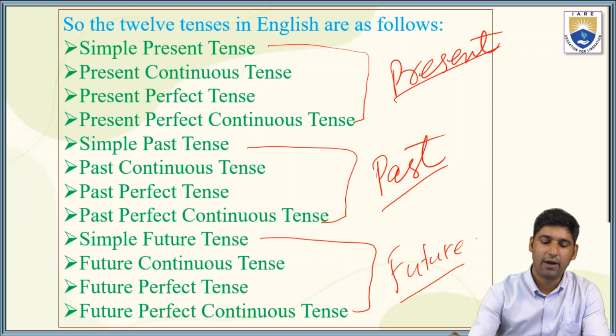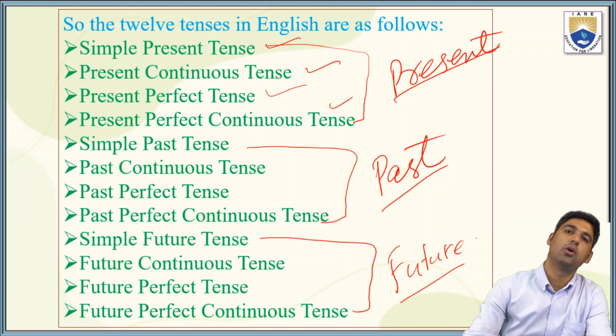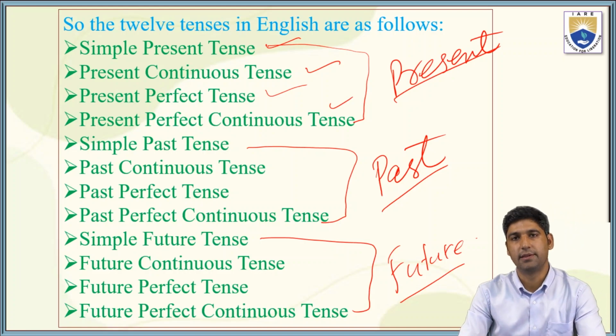I told you we have simple present tense. Then we have present continuous tense. Then we have present perfect tense. Then we have present perfect continuous tense. These four tenses belong to present.